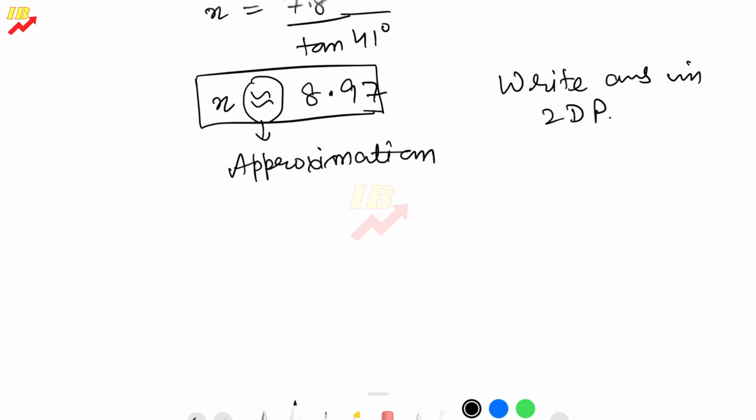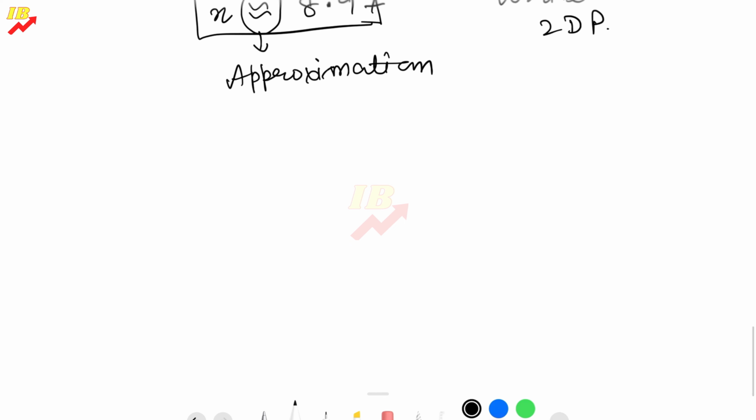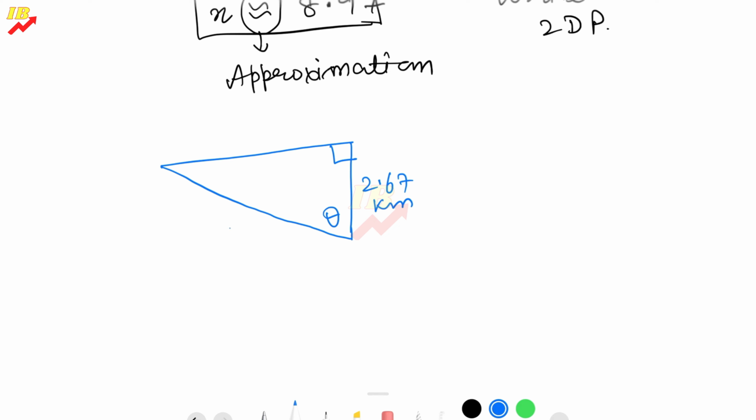Let's take some more examples. Let's try this one. If I am marking a triangle like this, and this is 2.67 kilometers, this is angle theta, and this is 5.92 kilometers. So how do I solve it for theta?